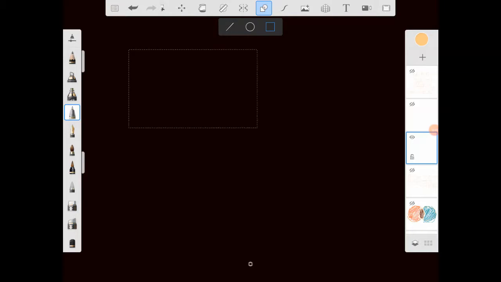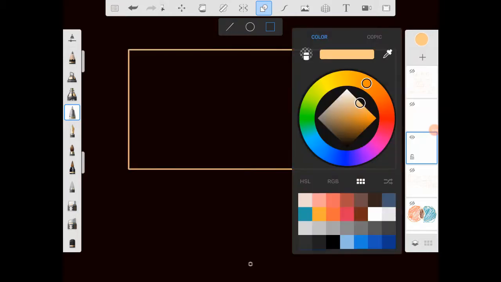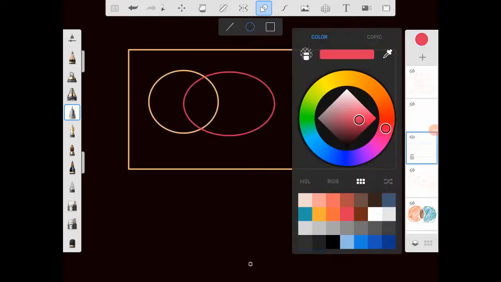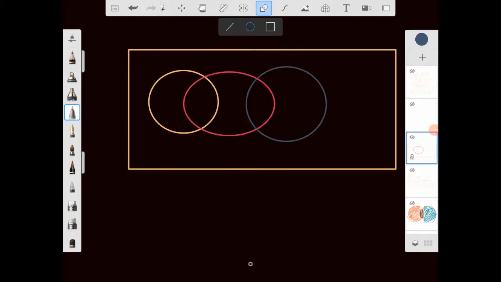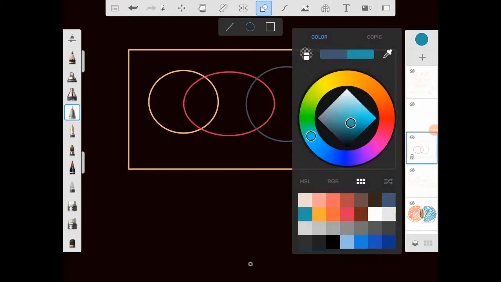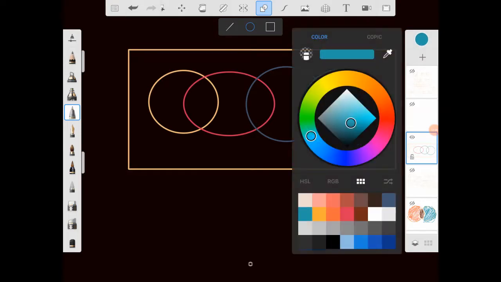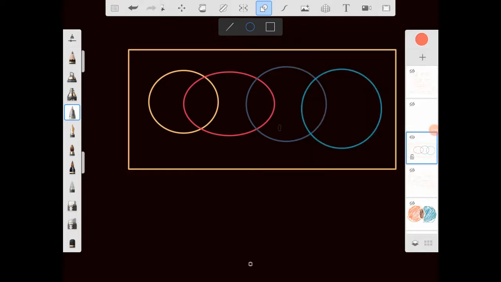This is my set A, this is my set B, this is my set C, this is my set D, and let me take one more. This is my set E, a small set.